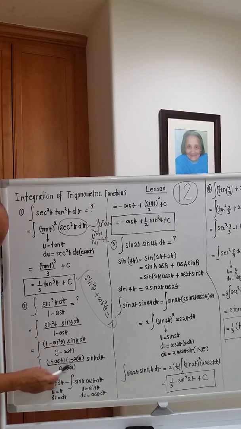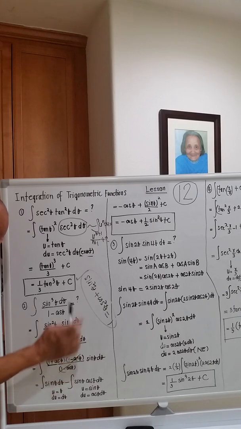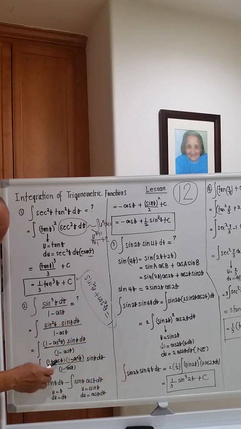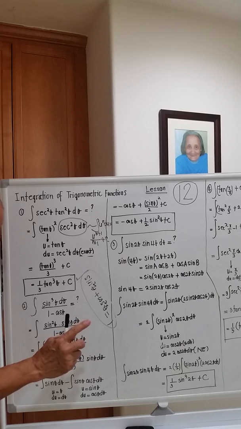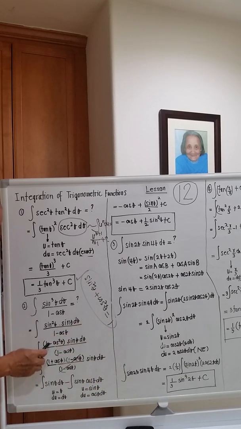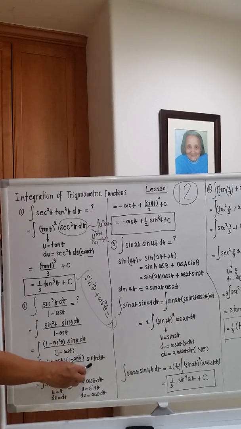Middle term is cosine of theta minus cosine of theta, it's 0. And the square term will be cosine of theta times minus cosine of theta, and that is minus cosine square of theta. So the factored form of 1 minus cosine square is actually 1 plus cosine times quantity 1 minus cosine times sine differential theta all over 1 minus cosine of theta.